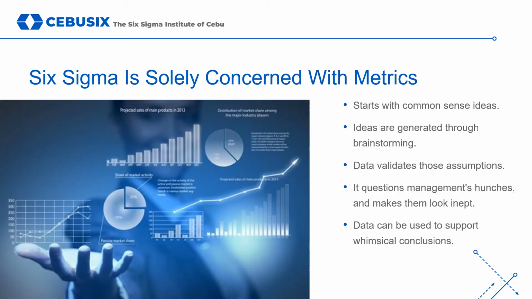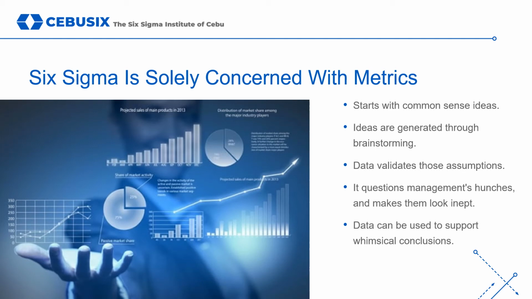Some say that Six Sigma is solely concerned with metrics and ignores common sense, but the opposite is actually true. Six Sigma often starts with traditional common sense ideas, often arrived at through brainstorming, and validates those assumptions with data. The reason for this myth is twofold. First off, managers and others who are used to making calls without being questioned are suddenly questioned in a Six Sigma environment.